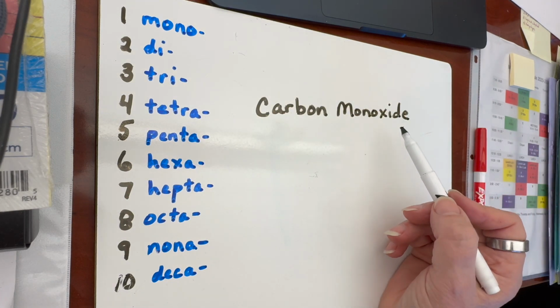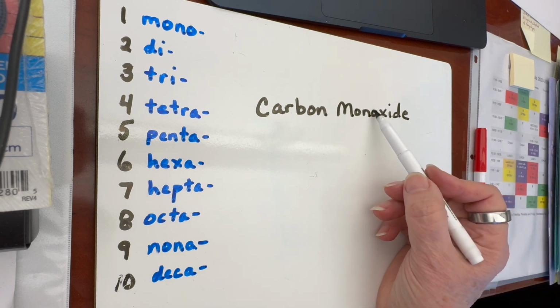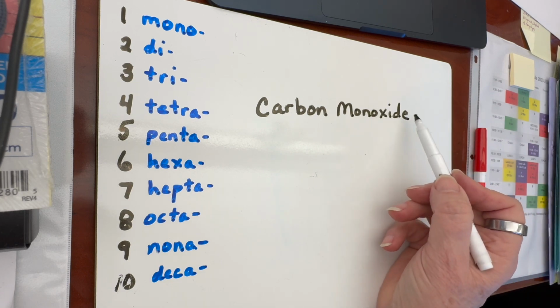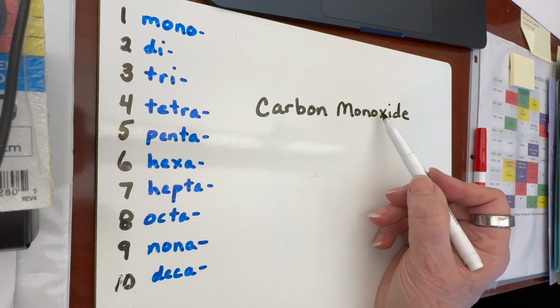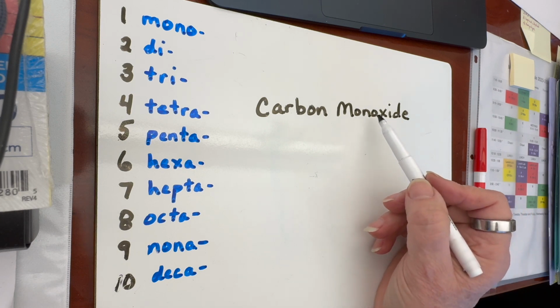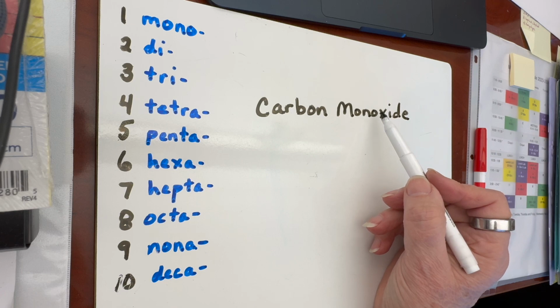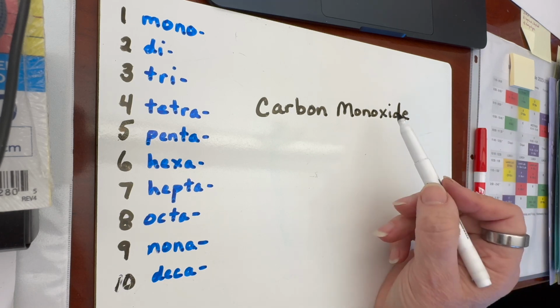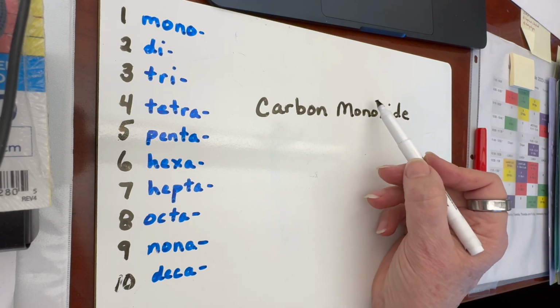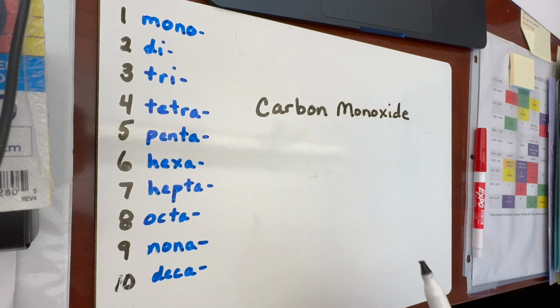It'll look like monoxide. If your element starts with a vowel like that, if it starts with an O, so with the oxygen and the oxide, you're not going to need that double letter. So you just leave out one of those O's.